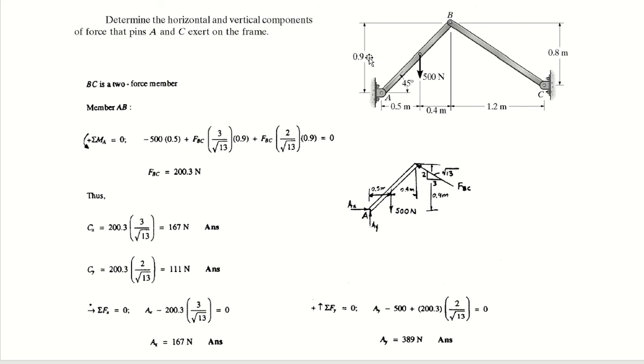The height of B from A is 0.9 meter and from C is 0.8 meter. So what you have to determine is the horizontal and vertical components of force that pins A and C exert on the frame, right?